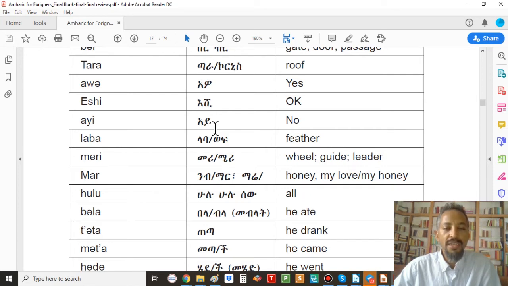Association in language learning is very helpful. So I, not the English I, the body part that we use to look at or watch or see things.